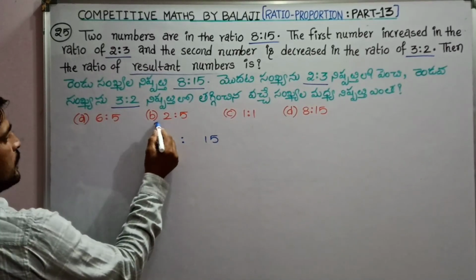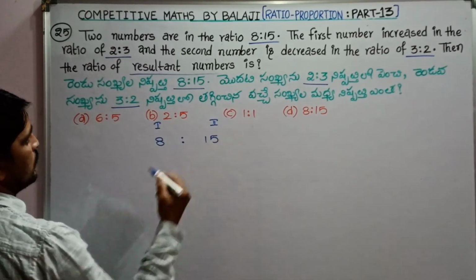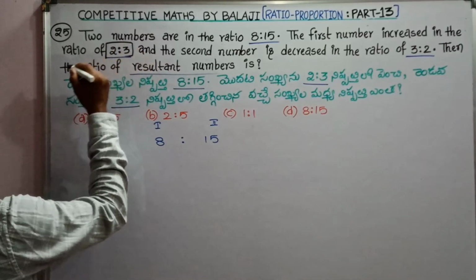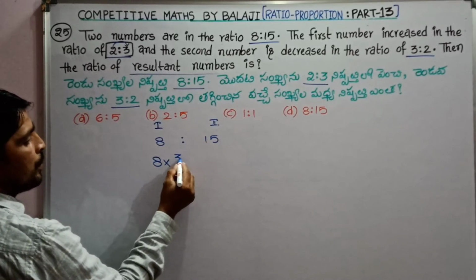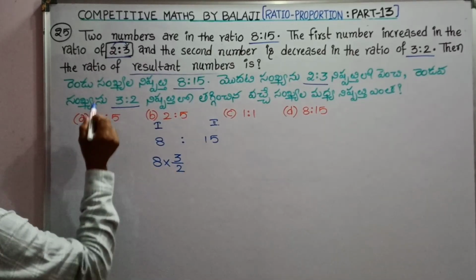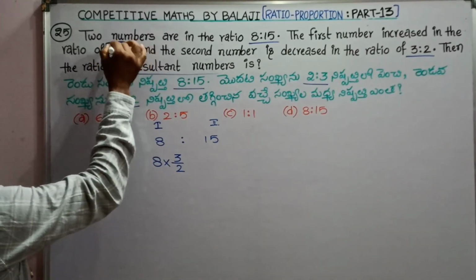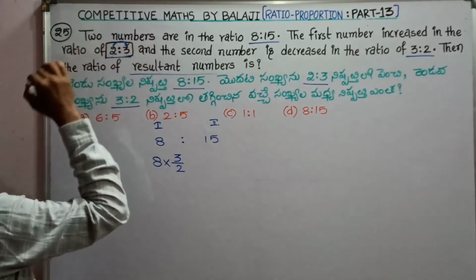The initial ratio between these two numbers is 8 is to 15. Then this is the first number and this is the second number. The first number is increased in the ratio 2 is to 3. The new number becomes 3 by 2 times the first number, as its ratio is given 2 is to 3, it is increased 1 unit over 2 units.